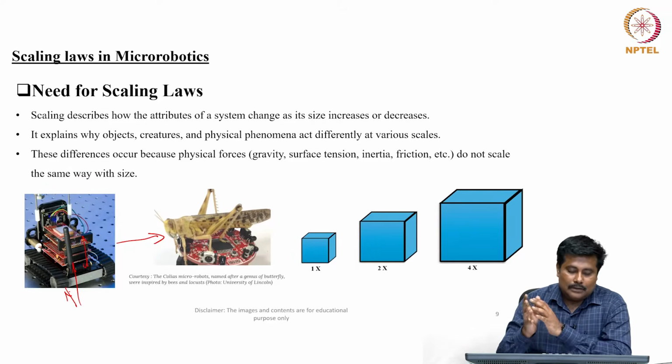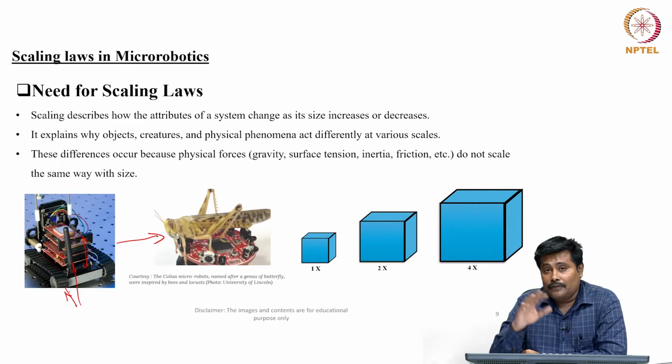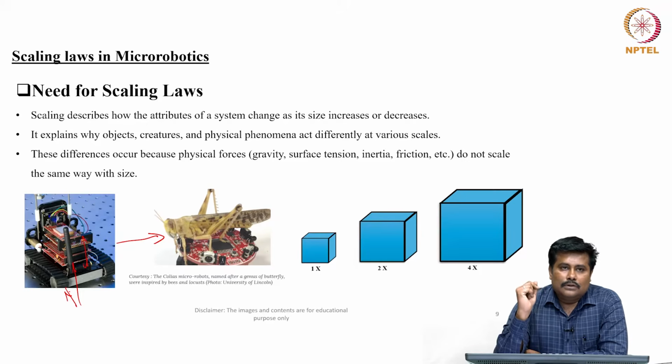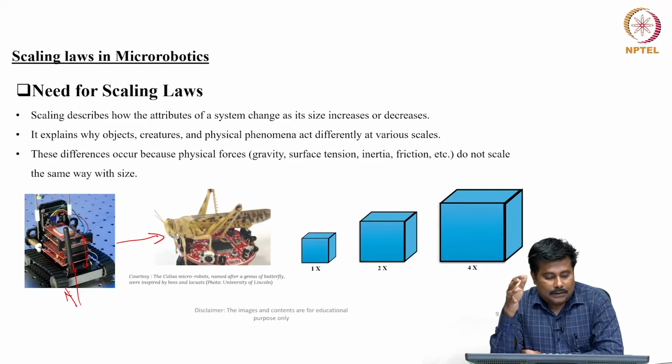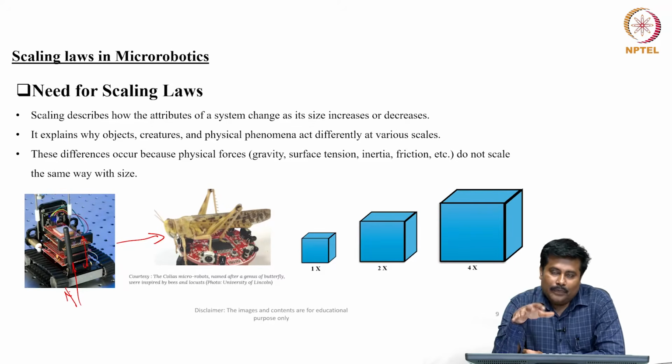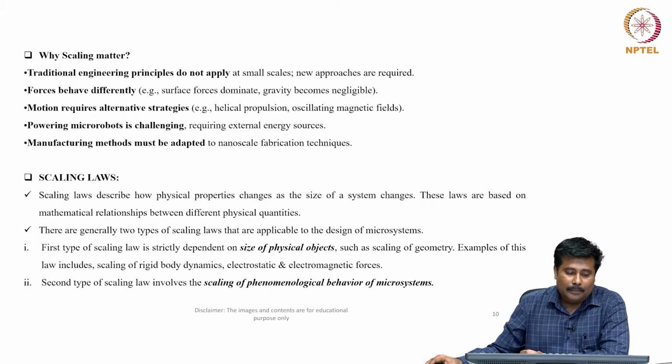It explains why objects, creatures and physical phenomena act differently at various scales. These differences occur because physical forces like gravity, surface tension, inertia, friction, etc. do not scale the same way with size. So it gets changed with reference to the different parameters.